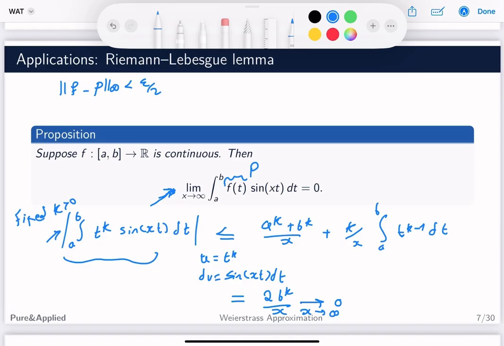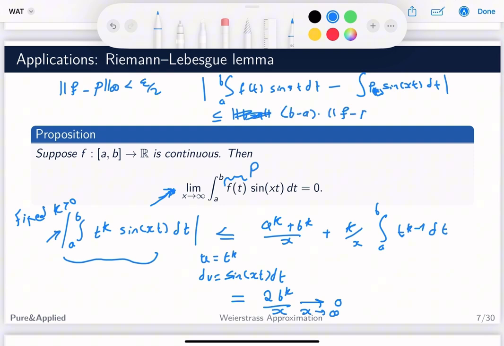Then you observe that if you look at the integral from a to b of f of t sine xt dt minus the integral of p of t sine xt dt, excuse me, this is t, you can upper bound the difference easily by b minus a times the norm of f minus p, which is bounded by epsilon. In other words, you could upper bound the difference between this thing and this thing.